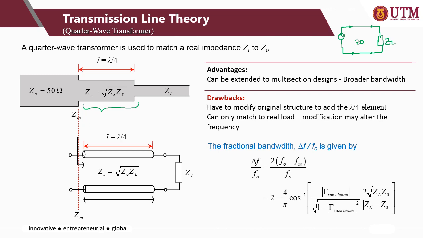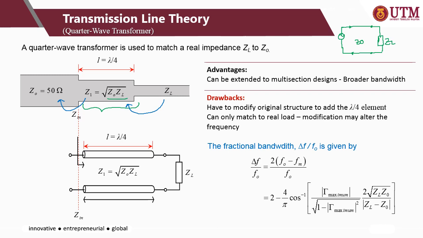Right, so the characteristic impedance for the additional lambda over 4 element is given by Z1 equal to the square root of Z0 times ZL. Basically the load must match to the characteristic impedance of the prior element, and then Z1 needs to be matched to the original or real impedance of Z0.